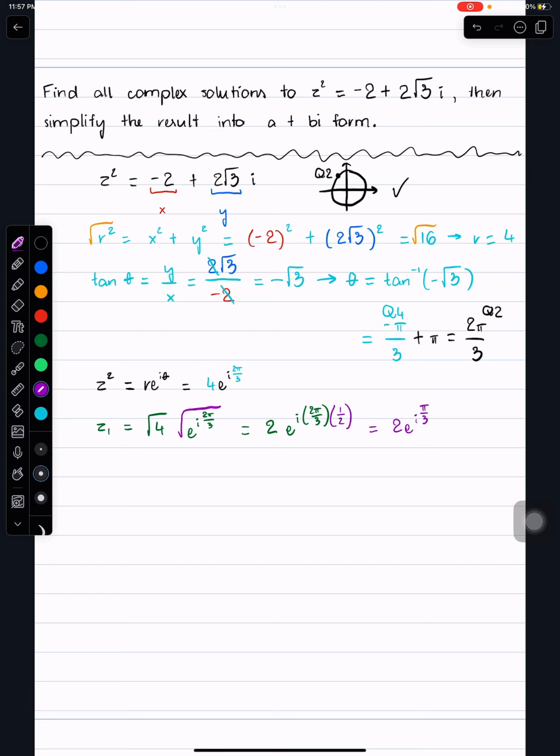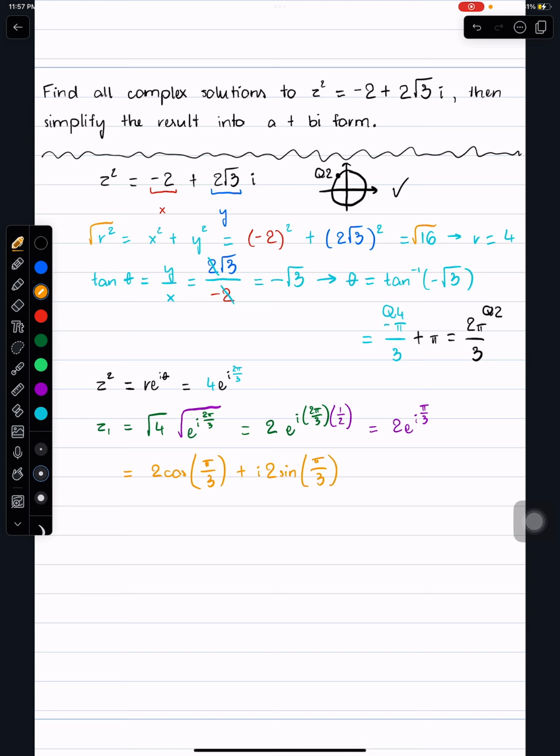Okay? So, let's do it out, right? So this whole thing in here, what it means is that you're going to use Euler's formula for it, and you're going to get it equals 2, or r, right? And then cosine of the angle, which is pi over 3, plus i, and an r again, which is 2, and a sine of the angle, which is pi over 3.